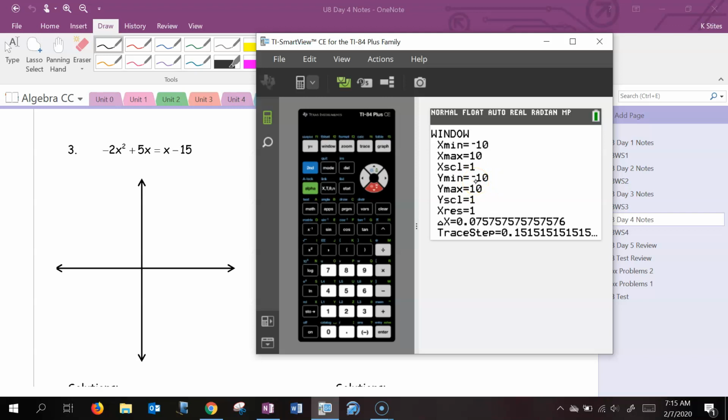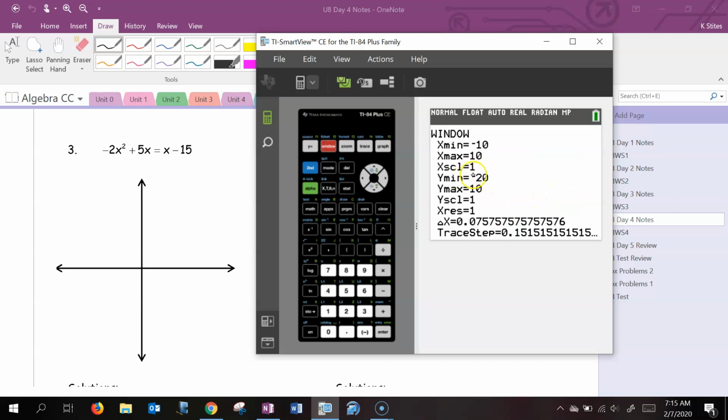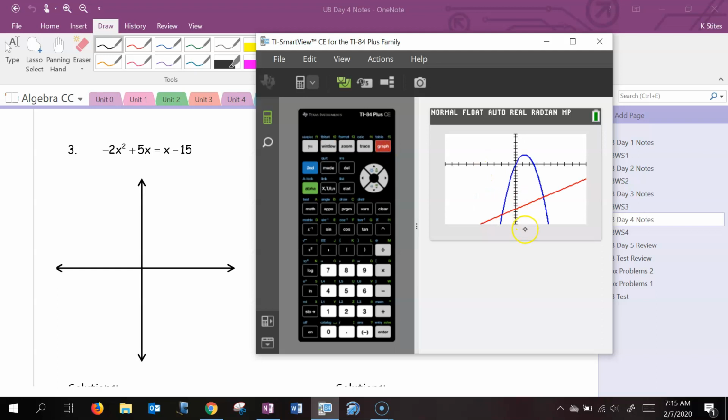I want something smaller than -10. So I'm going to try -20. And then I'm going to regraph. And you can see that you should get a better picture of what's happening here. You can see your intersection points now. All right, so again, we chose Y-min to change to a smaller number because I needed to see lower down.